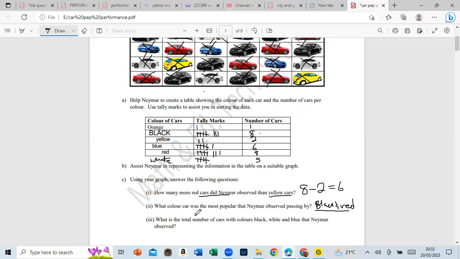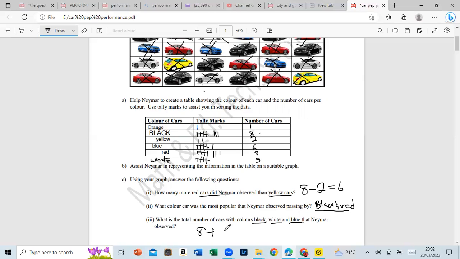And for the last one, what is the total number of cars with colors black, white, and blue that Neymar observed? So what we're going to do, we're going to add all of these colors. So it says black. How many black are there? 8, as just discussed. How many white? 5, right?